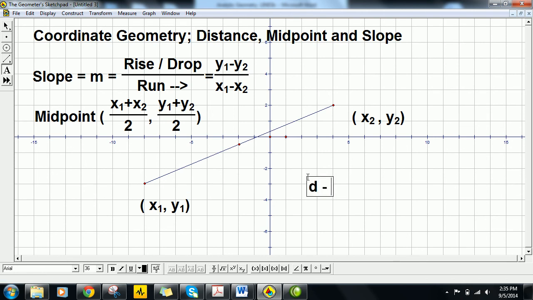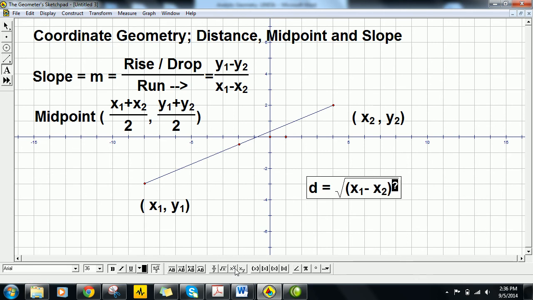So the distance between those 2 points, d, is the square root of a whole bunch of stuff, right? And the whole bunch of stuff is the difference in the x's, which is x1 minus x2. And I'm going to square that, and I'll explain where these come from in a hot second.